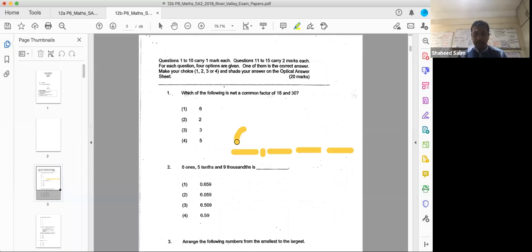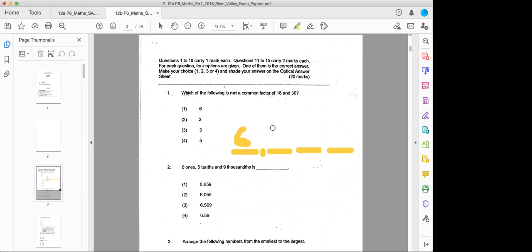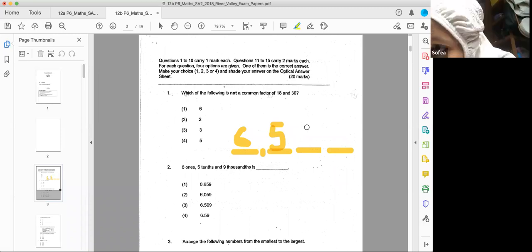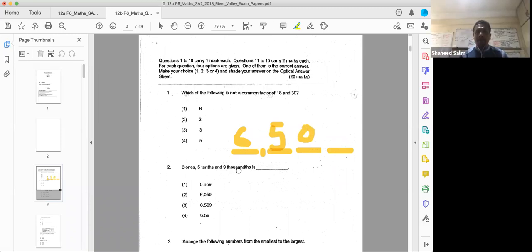Then the second one, what do we put? Number 2, 4. Are you sure or not? Then the next one, what do you write? 0, because there's no hundreds here. Ones, tens, hundreds, thousands. So the last one is 9. 6509. Please be careful.